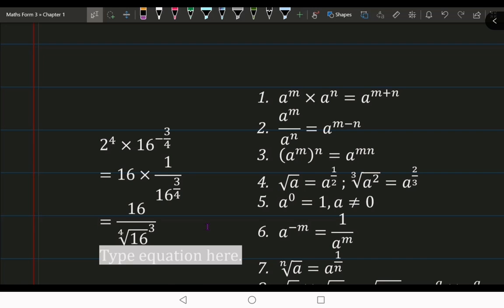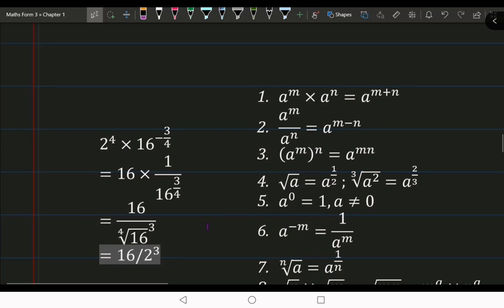Now we try a sentence. Now we are going to have 16, 16 divided by that one. That one is 2, 2 to the power of 3.